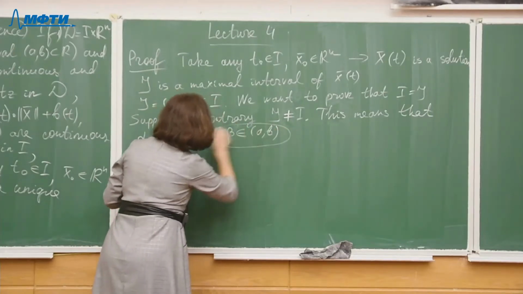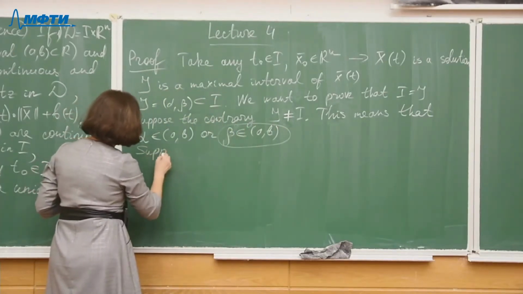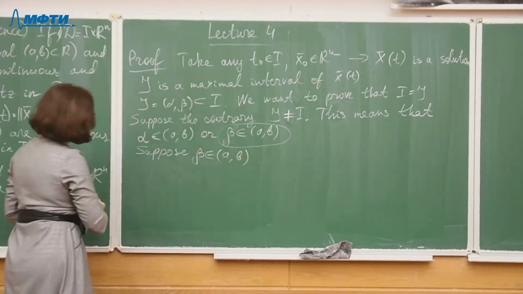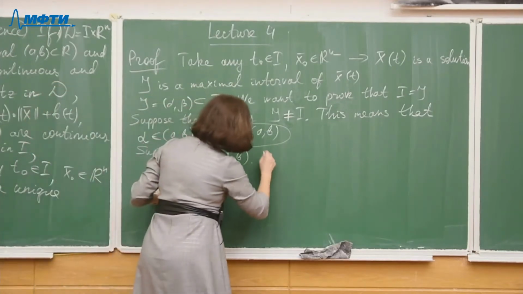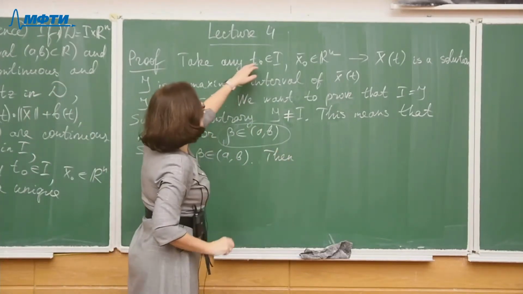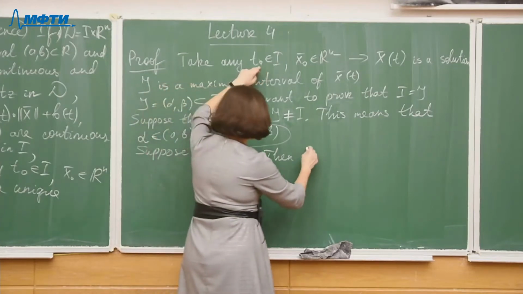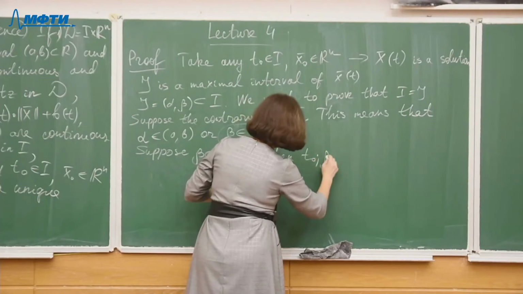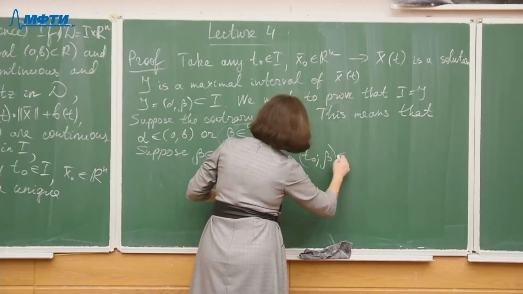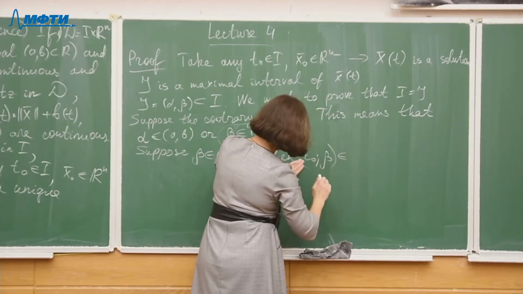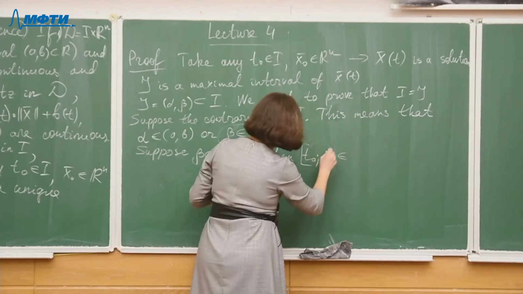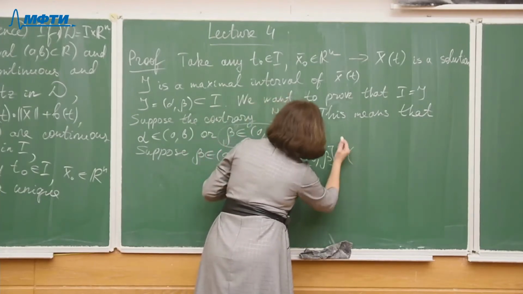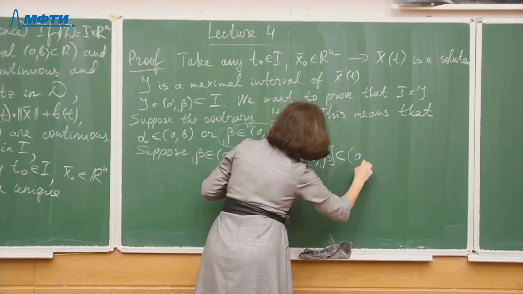So suppose beta is inside (a, b). Okay, then since we start with the point t0, we can see that t0 and beta, this closed interval, is a subset of (a, b).